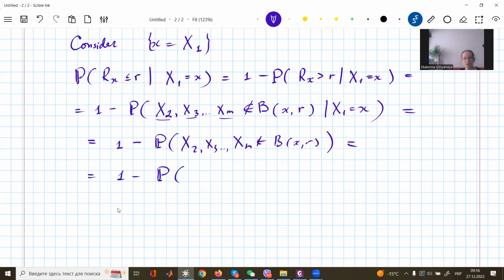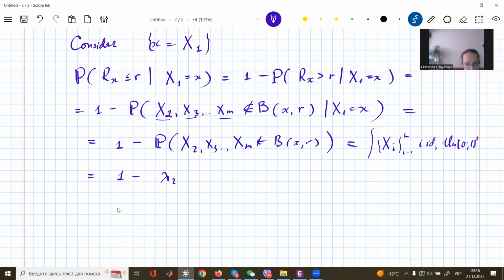so I just write here, and I have, let me write here, x IID uniformly on [0, 1] to the square. So I know that this probability that it does not belong to some ball is just the Lebesgue measure.